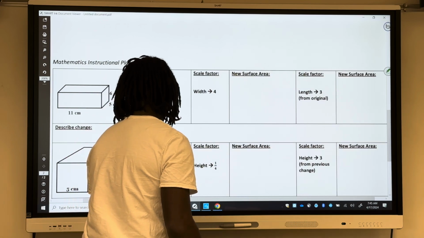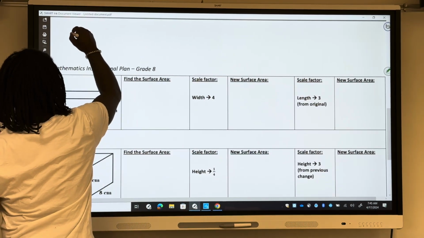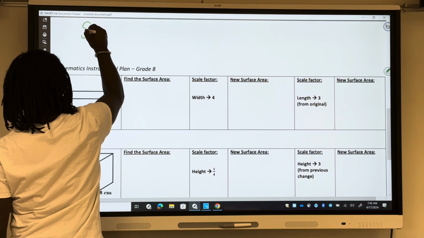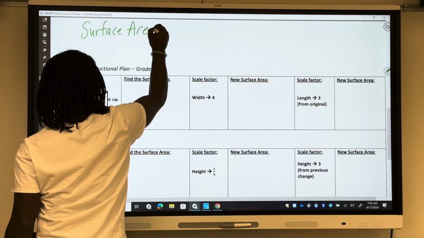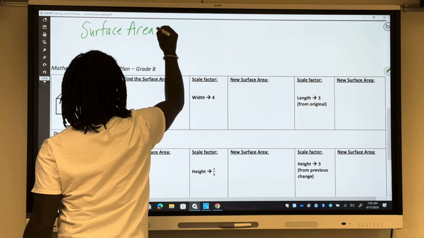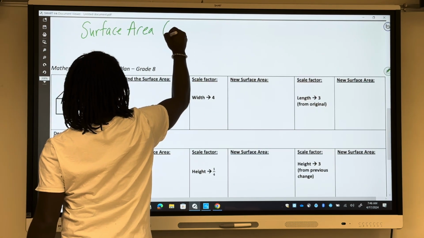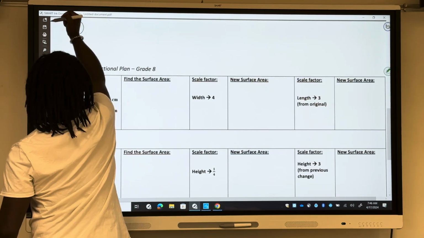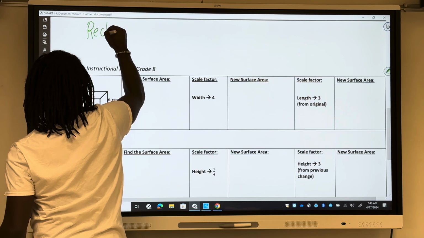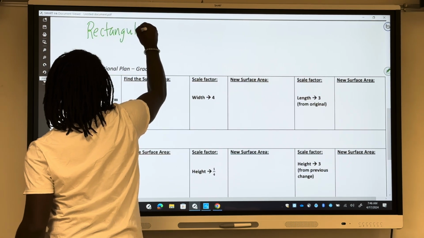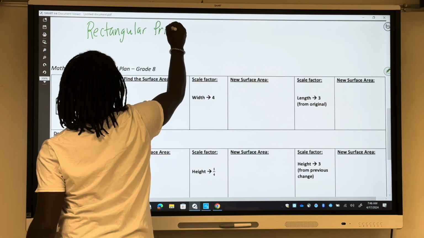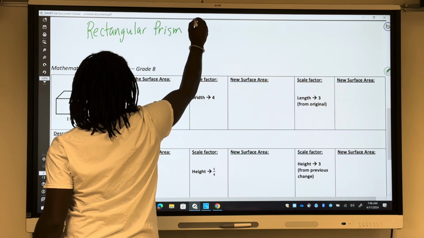Okay, so surface area. To find the surface area of a rectangular prism, you need to write this formula down. Rectangular prism.